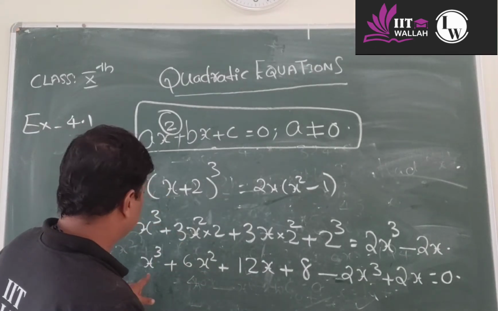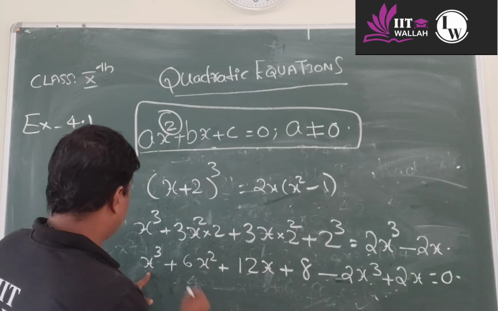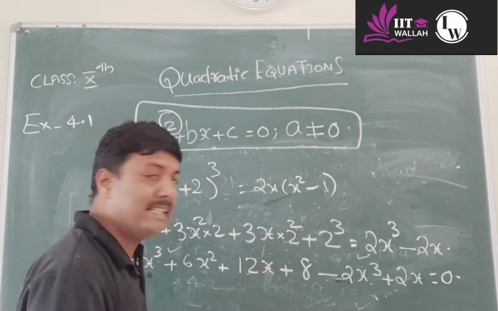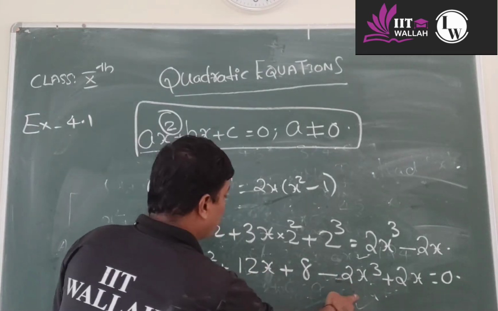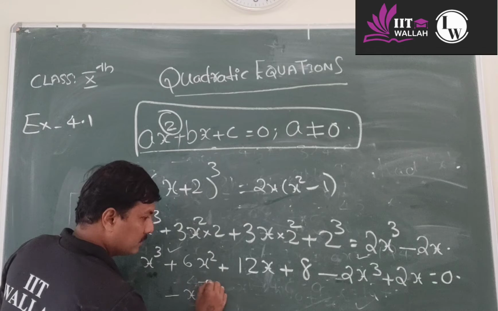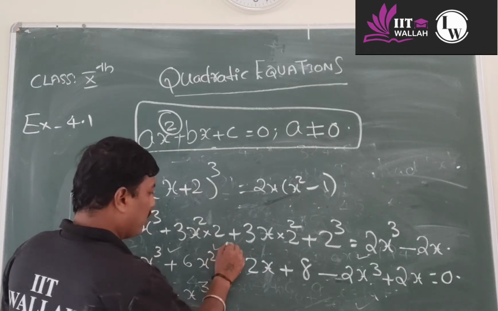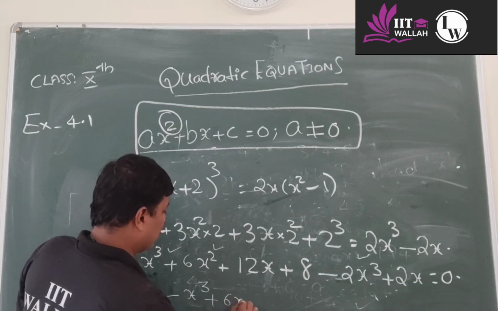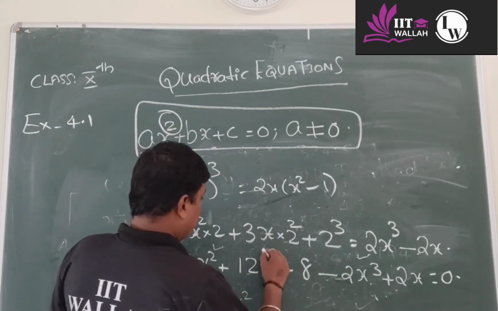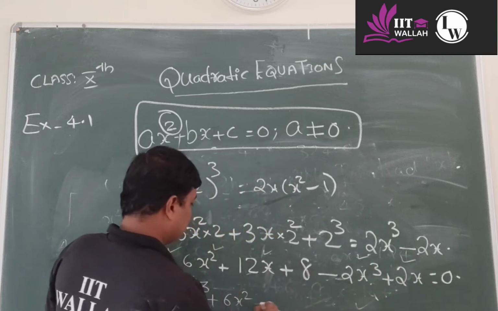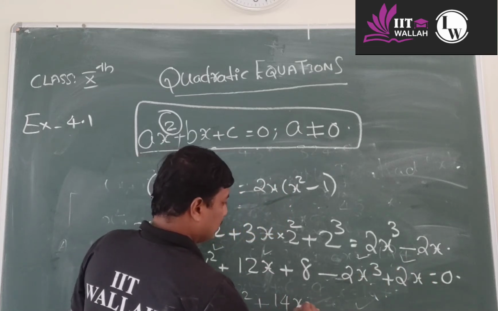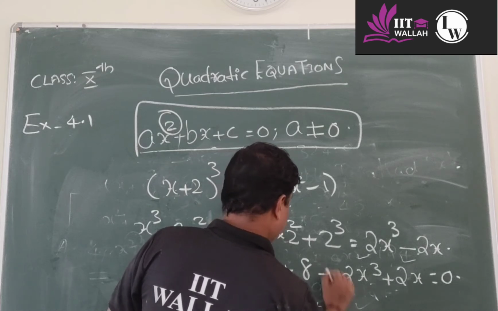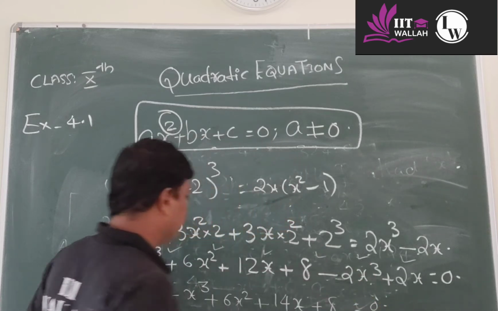Now x cube, like terms you operate with each other. X cube minus 2x cube is minus x cube. 6x square is there already, so plus 6x square. 12x plus 2x, 14x, plus 8 is equal to 0.